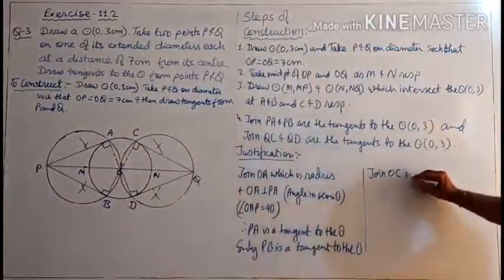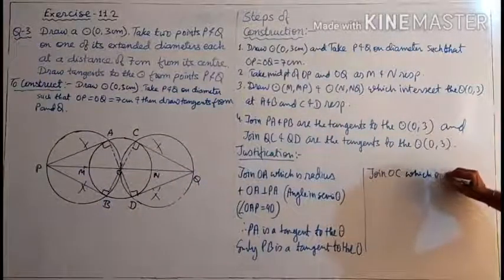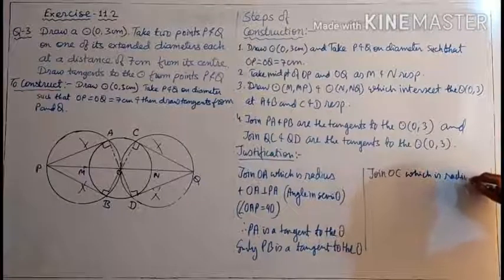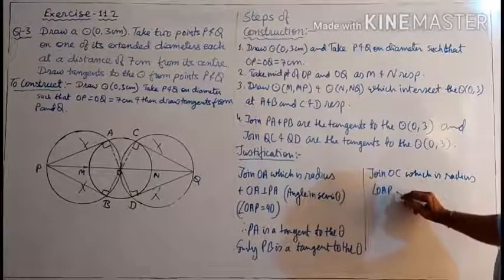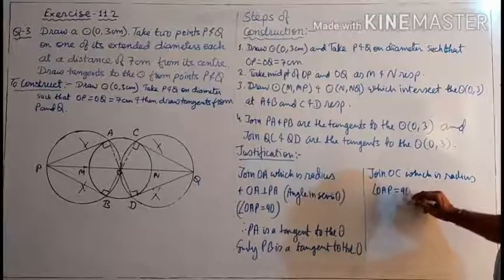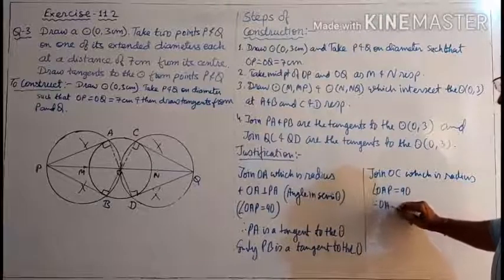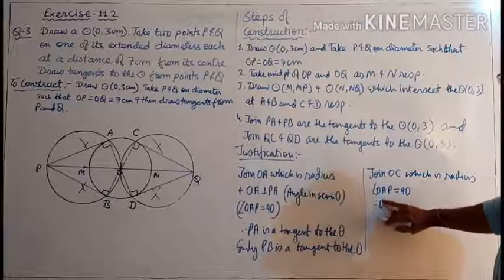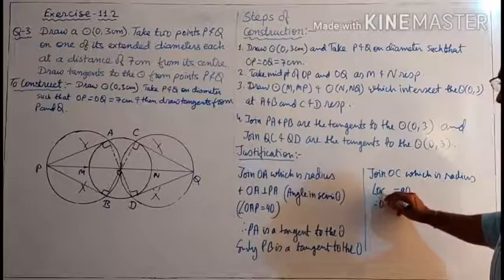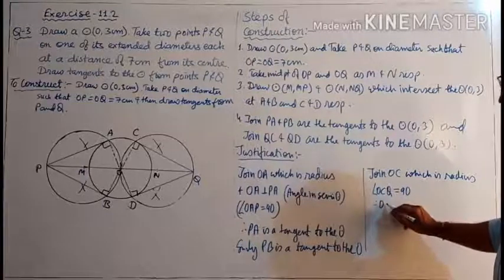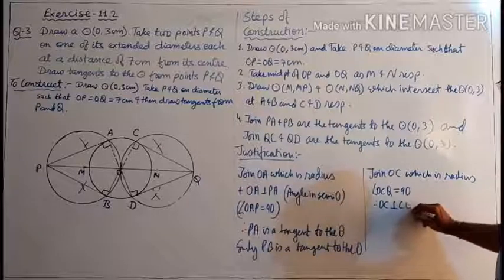So here OC is a radius, and OCQ is 90 degrees, and therefore we can say OC is perpendicular to CQ.